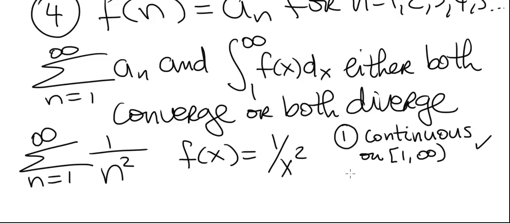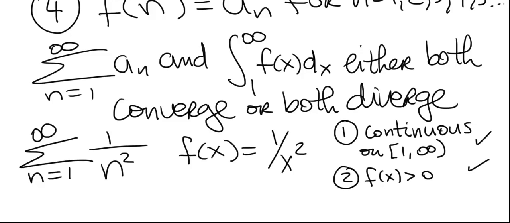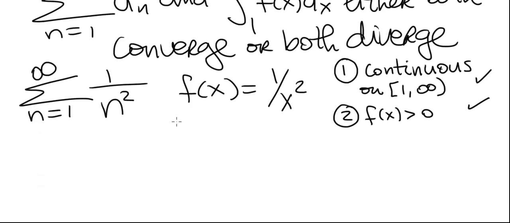We plug any value into this function except 0, it will be positive. And clearly, if we put in anything on the interval 1 to infinity, it will be positive. So f of x is positive on the interval. The third criterion is that the function must be decreasing. We can take the derivative.